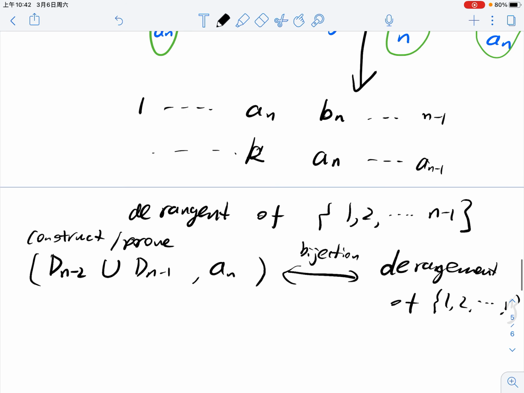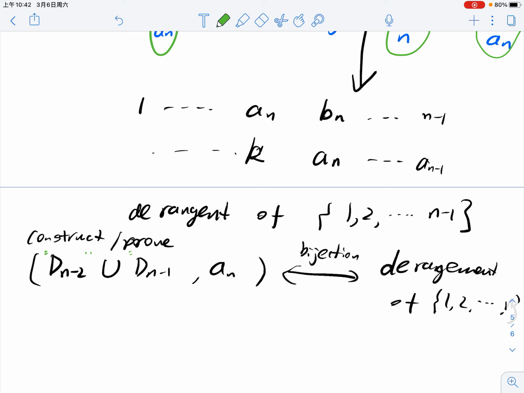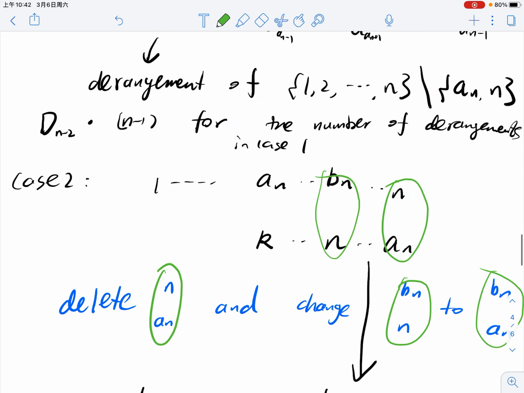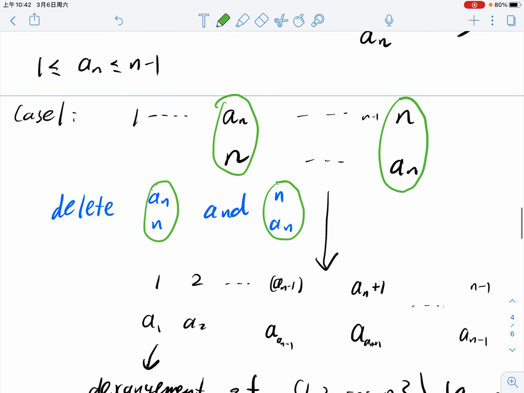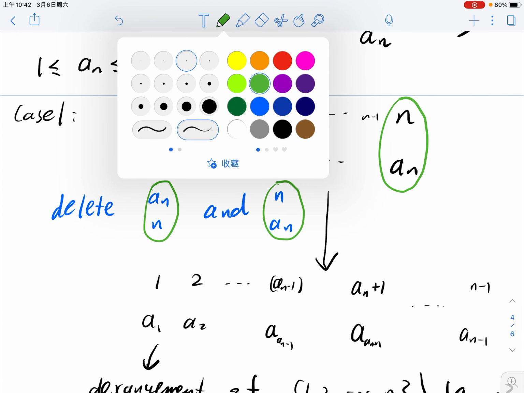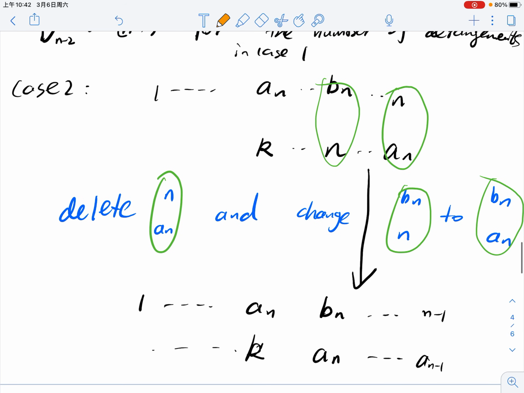Here, my notation is a little bit sloppy. So here it actually means all the derangements of a set of n minus 1 elements or n minus 2 elements. So more precisely, we actually need to show this is an onto map.